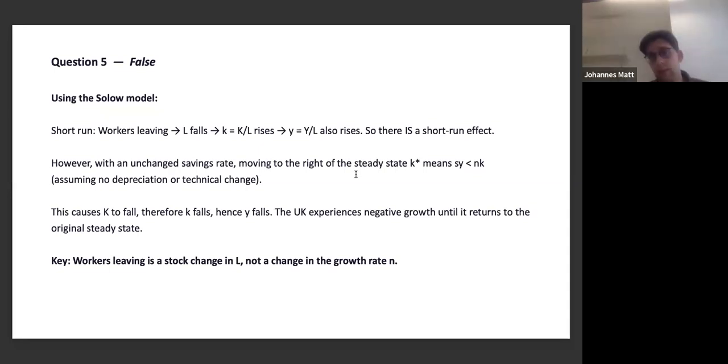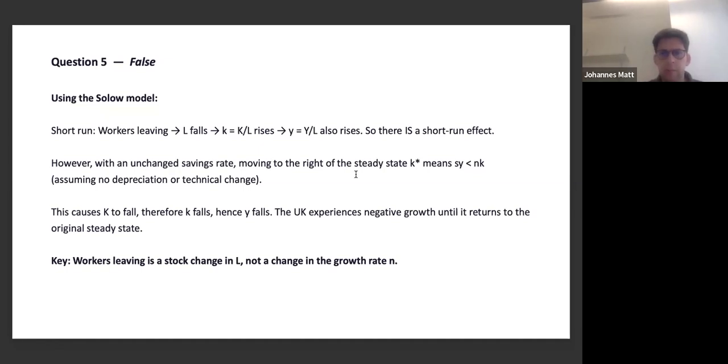And so there should exist a point where these two exactly offset, right? So the amount of capital added to the capital stock every year is exactly the same as the reduction in capital per worker due to population growth. And that is what we usually call the steady state capital stock, K star. That is where we're going to move to in the long run in this economy.